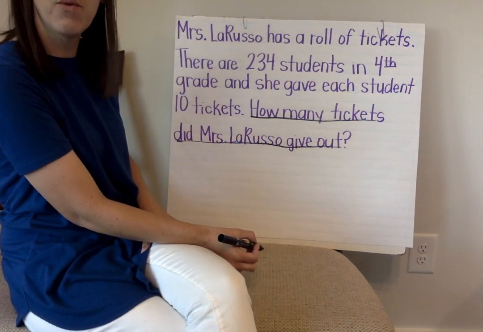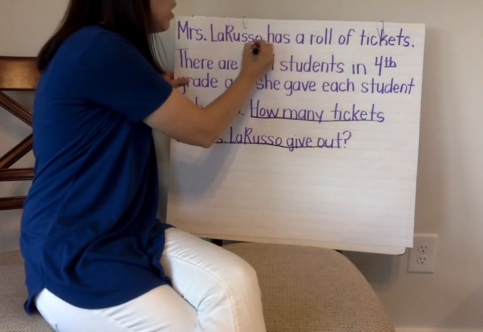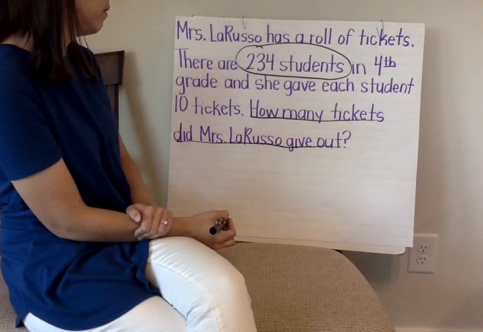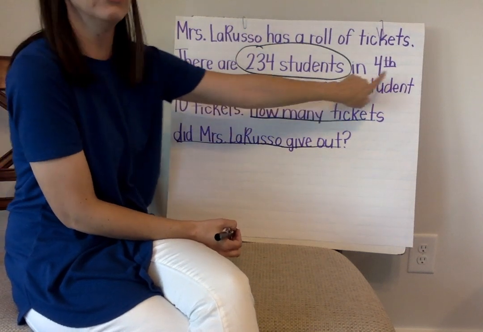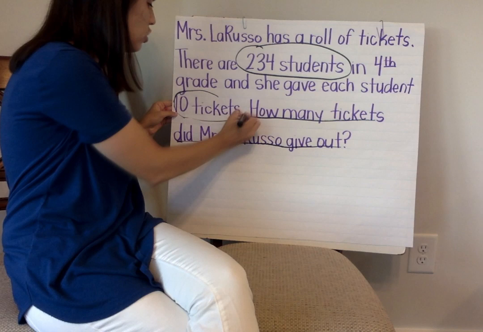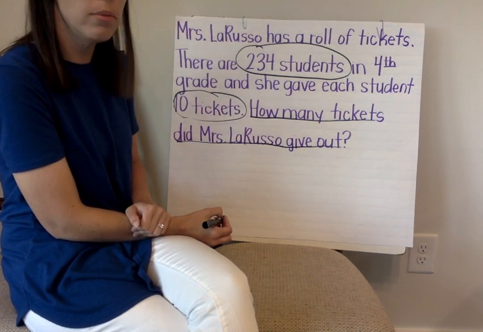Also, I need to figure out what is my silver platter information. Well, I can see that there are 234 students. And she gave each student 10 tickets. That each is also a very big hint that we are multiplying.